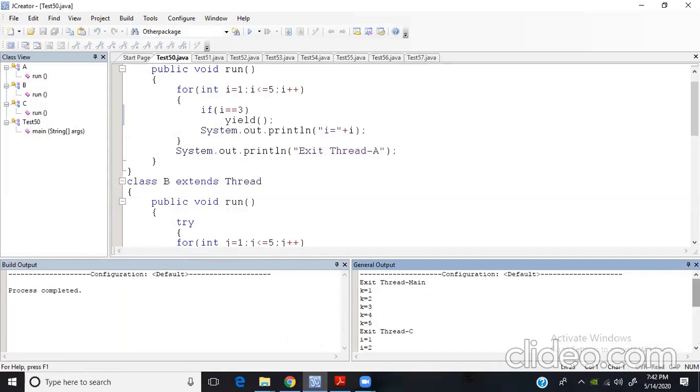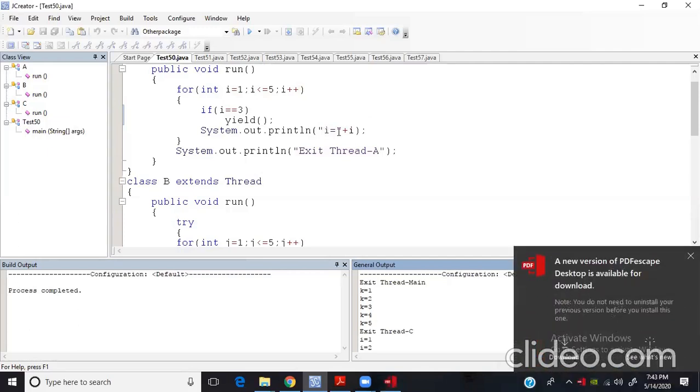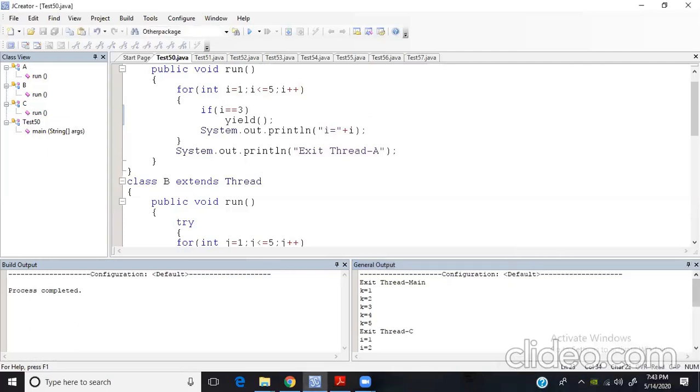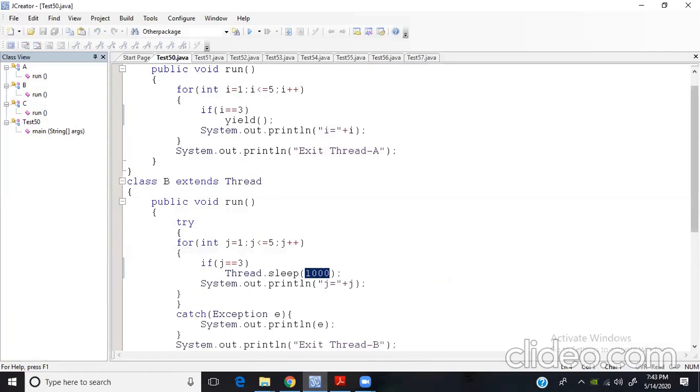Because look at the point, when thread A gets processed and the value of I is 3, it leaves its control to the next thread. And for thread B, what I have done, when the value of J is 3, the thread moves to the blocked state for 1000 milliseconds.